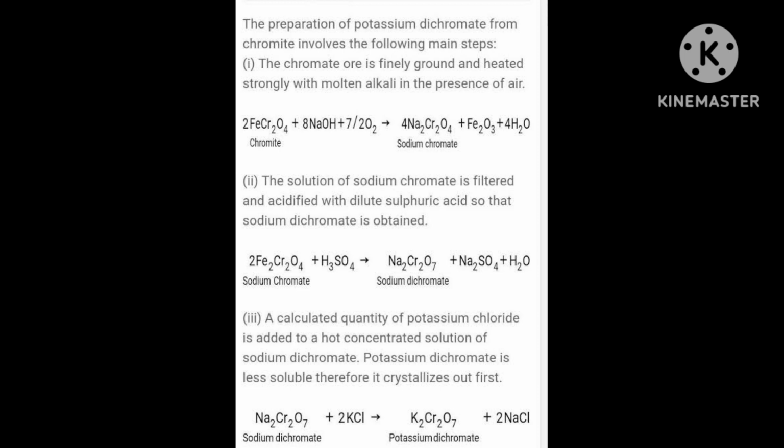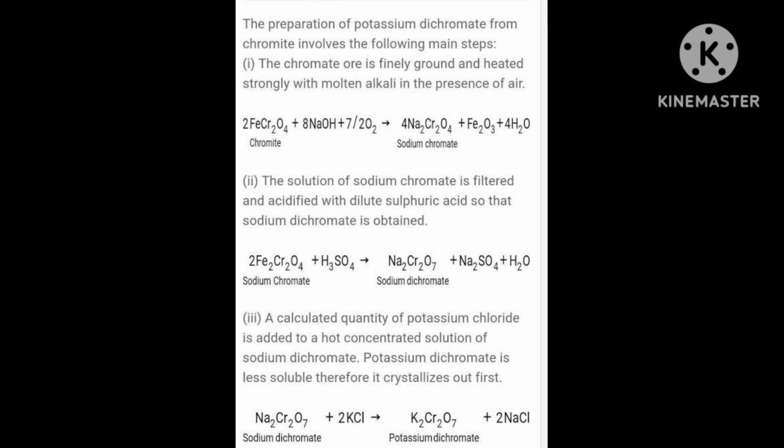Now the balanced equation: 3MnO4 2-. Actually K2MnO4 was there, but we don't write K2, we write directly MnO4 2-. 3MnO4 2- plus 4H+ gives 2MnO4 1- plus MnO2 plus 2H2O. The MnO4 1- is actually KMnO4, potassium permanganate; we don't write potassium.